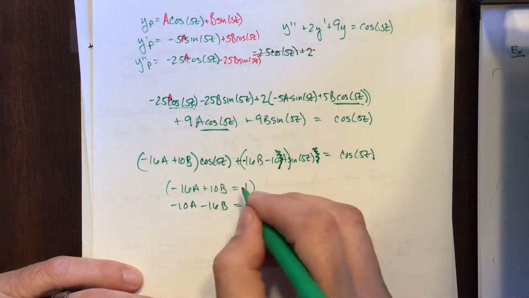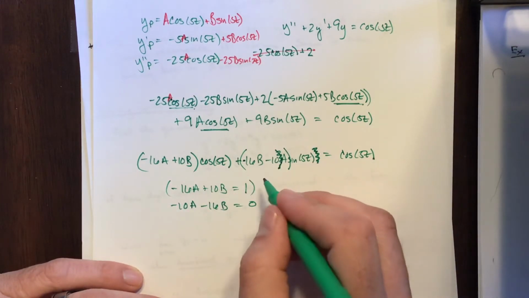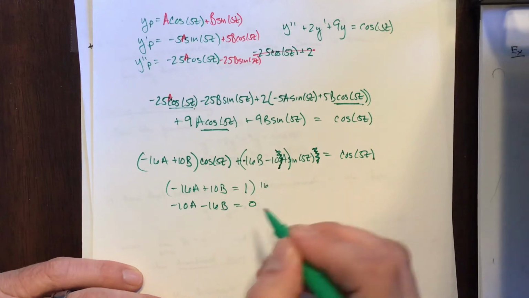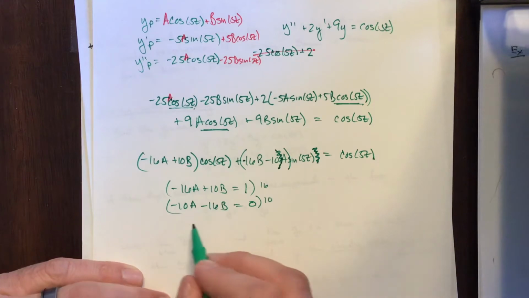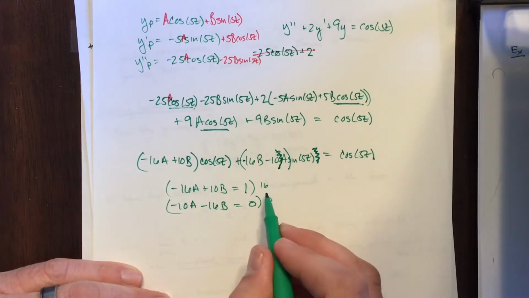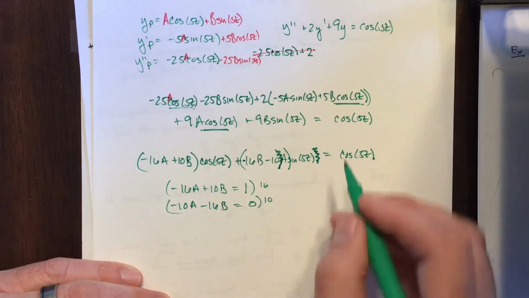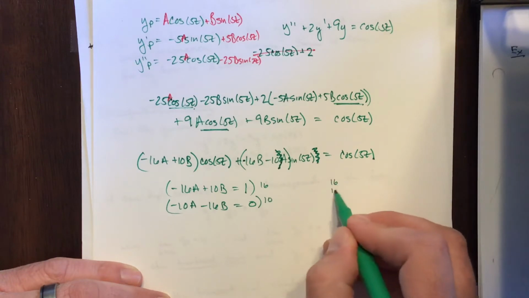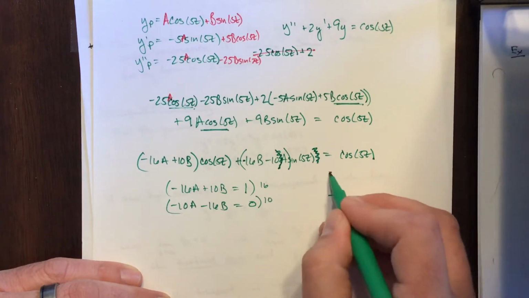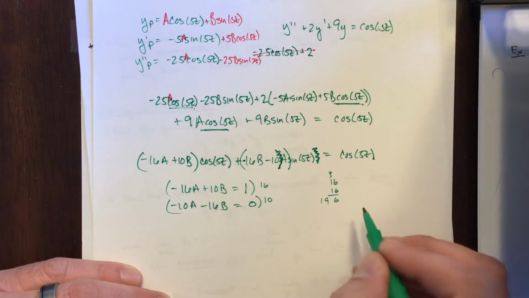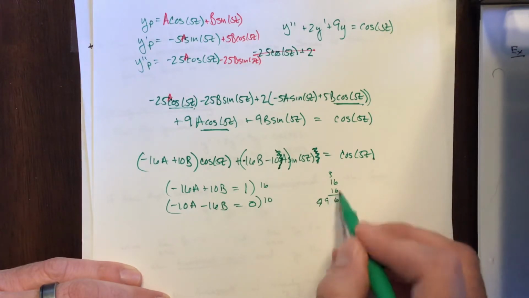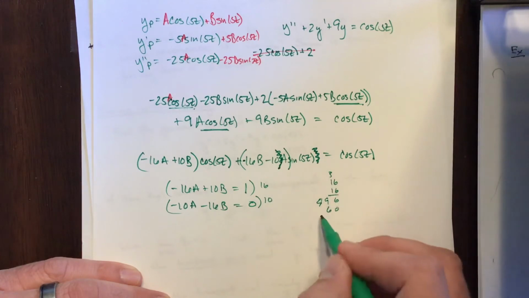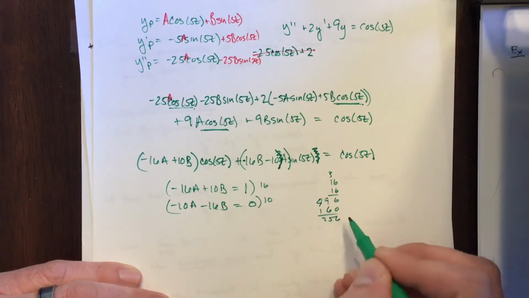Simply multiply this by, let's say, 16. Okay, multiply this by 10. What do we get? We got 16 times 16. Don't have a calculator with me, so 16 by 16. That's 256.